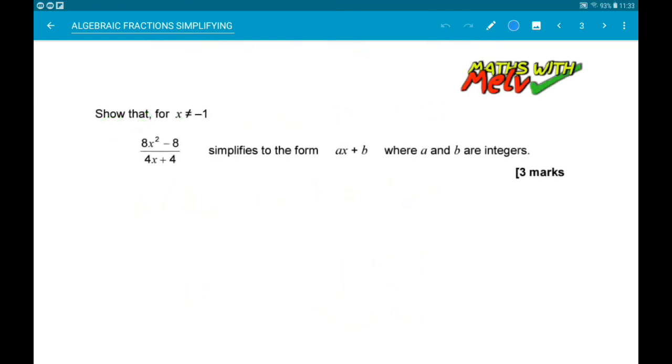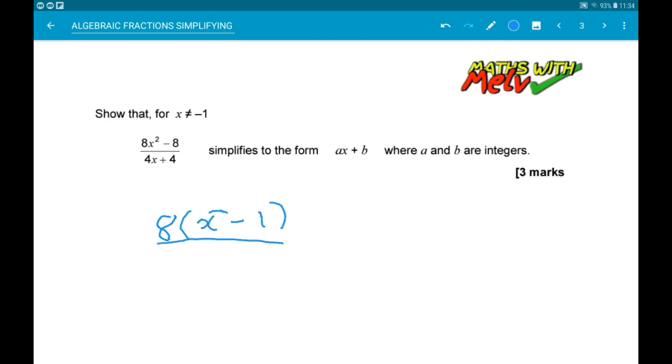Okay, next up, show that for x is not equal to minus 1, 8x squared minus 8 over 4x add 4 simplifies to ax add b, where a and b are integers, so whole numbers. Okay, so factorise. So the top we can write as 8 times x squared minus 1.